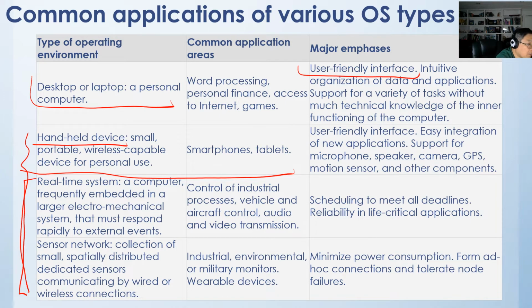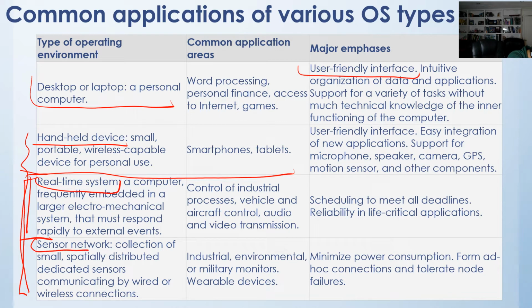Sometimes you don't even see the computer system. They're not really like a small device in a box you can easily see. They can hide in most devices. Okay, and that's a real-time system.